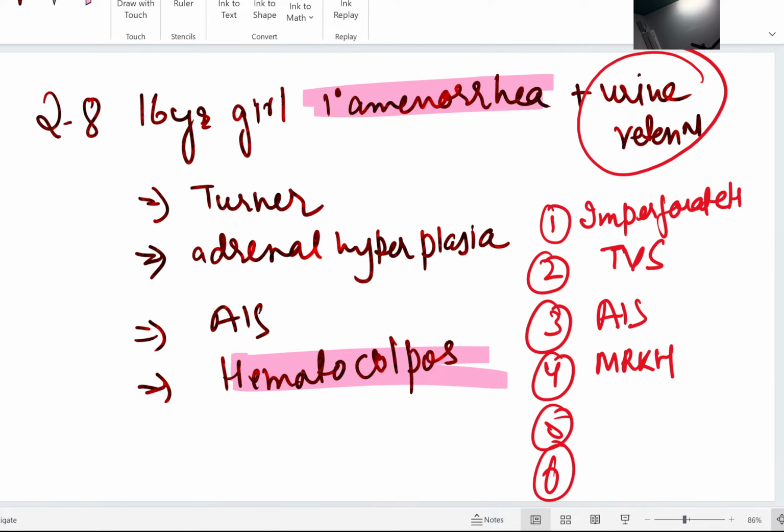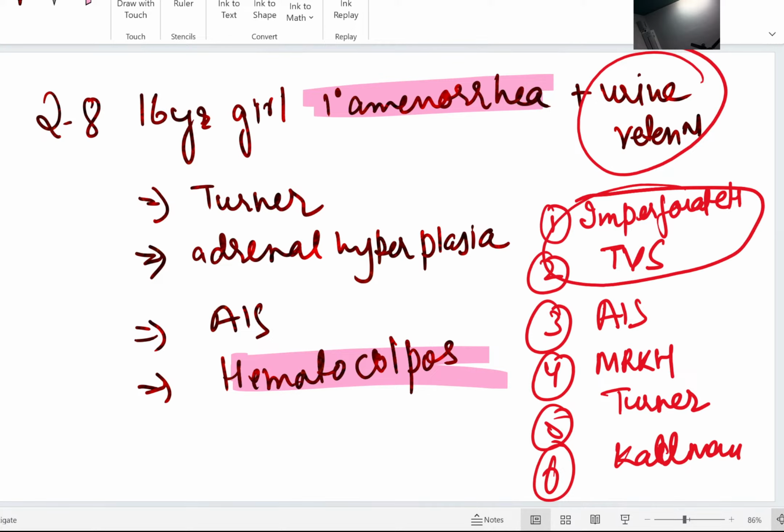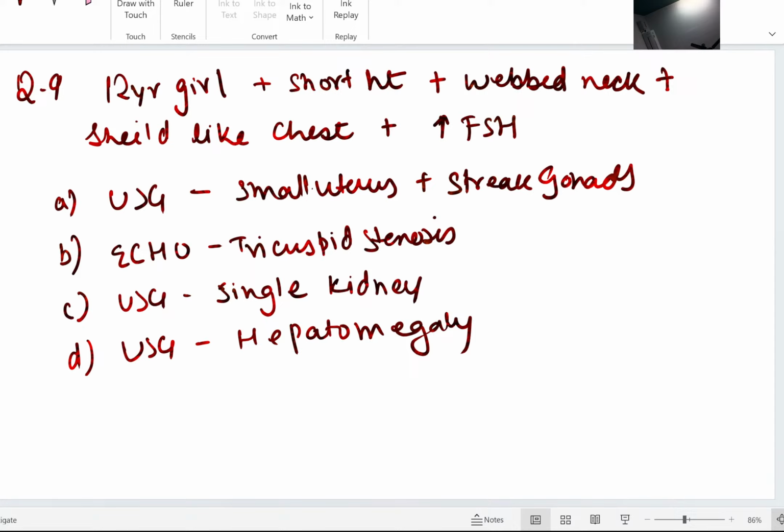Next is Turner and Kallmann. In all of these, only imperforate hymen and TVS can cause urine retention. So that is the advantage of systematic study. Even if they don't tell you anything, you can find out.